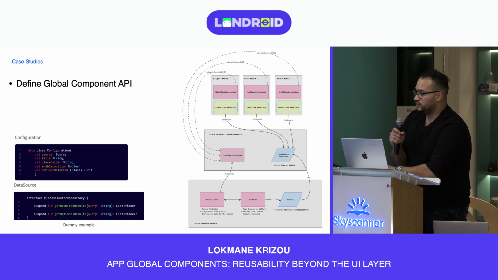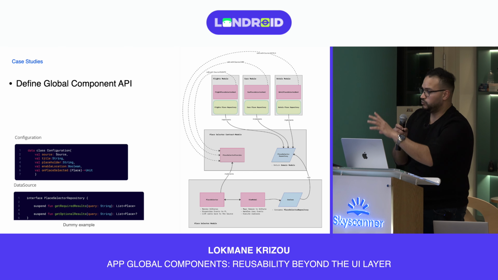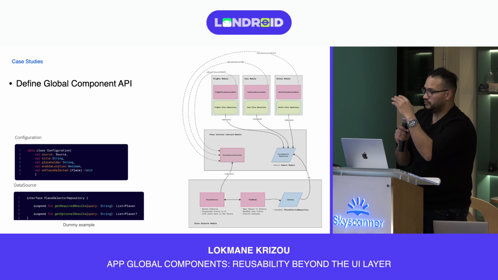You add it to the contract module that we have as a structure of our project. We put every interface or API in this contract module, and the actual implementation sits inside the implementation module.